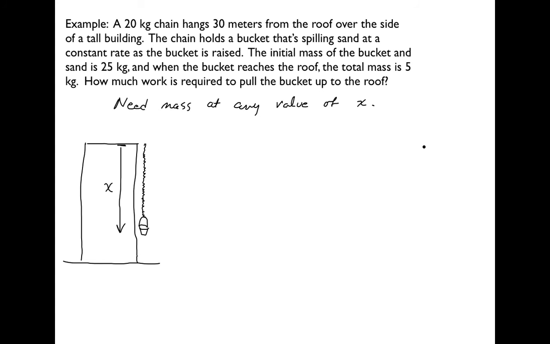If we knew the mass at any value of x, then we can figure out what the weight is and then what the work is to move it up a little bit more. Okay, so let's start with when x is 30. That's when we start, right? So say down here is x equals 30.